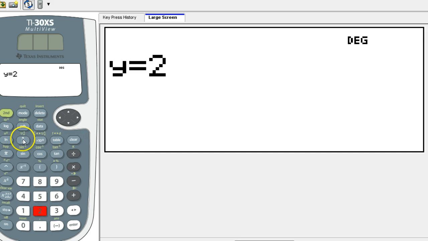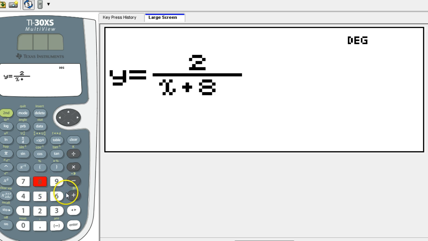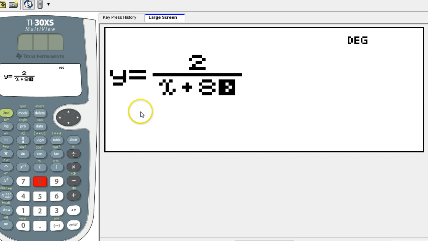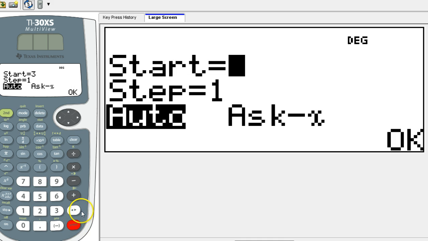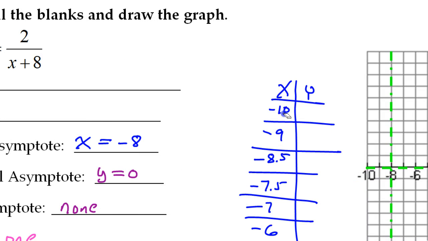So I saw it was 2 over x plus 8. Now I can get whatever values I want. Where shall we start? Let's start at -10.